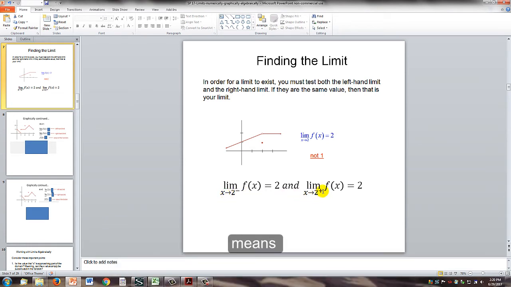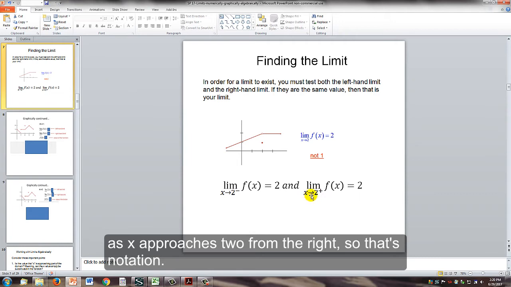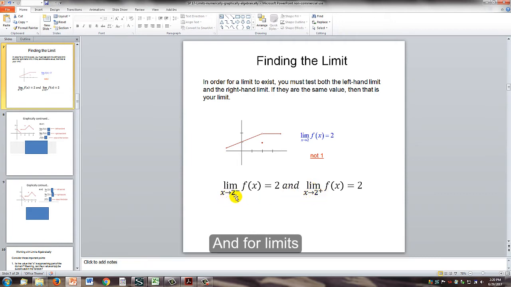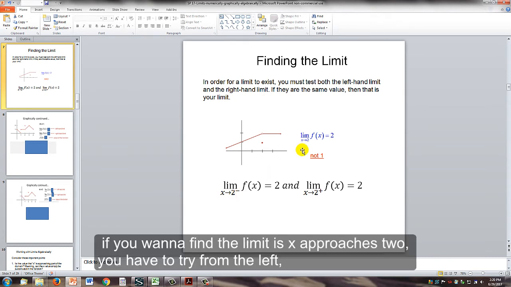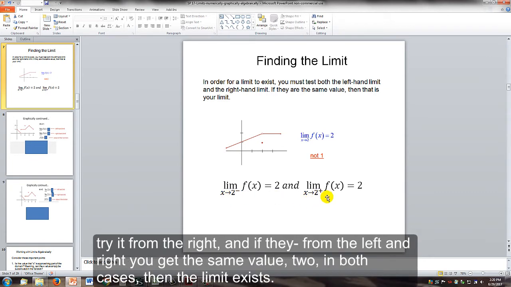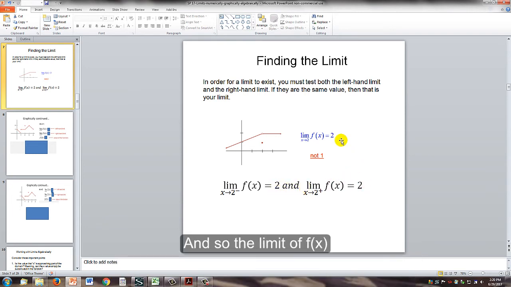You see this plus here on the right side of 2, that means as x approaches 2 from the right. So that's the notation. And for limits, if you want to find the limit as x approaches 2, you have to try it from the left, try it from the right. And if from the left and the right you get the same value, 2 in both cases, then the limit exists. And so the limit of f of x as x approaches 2 is 2.